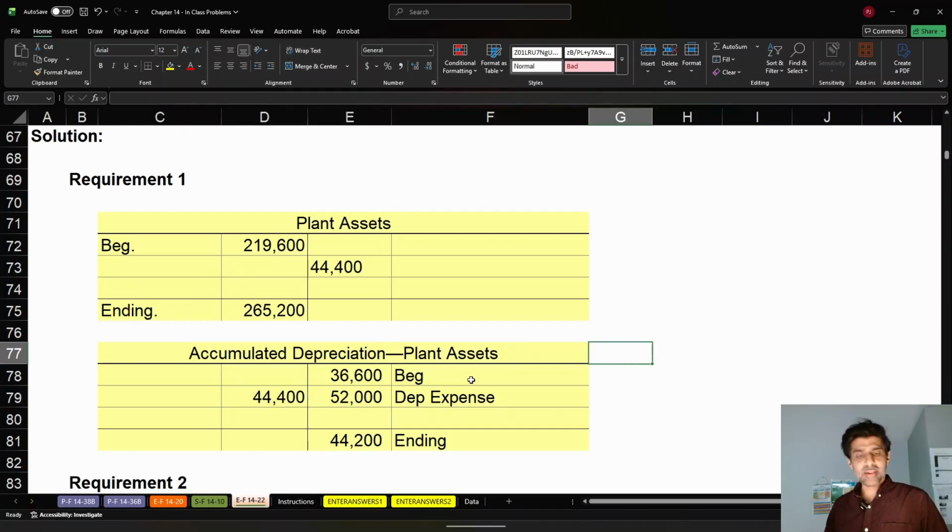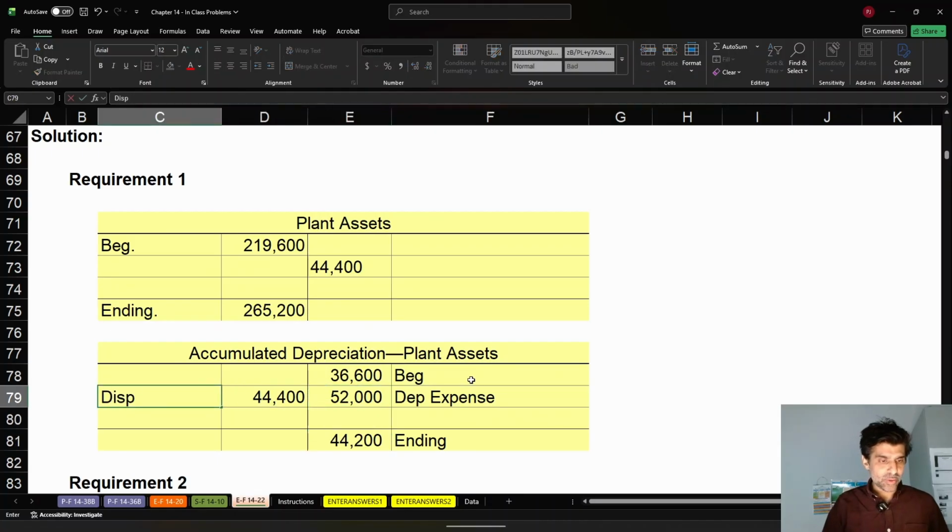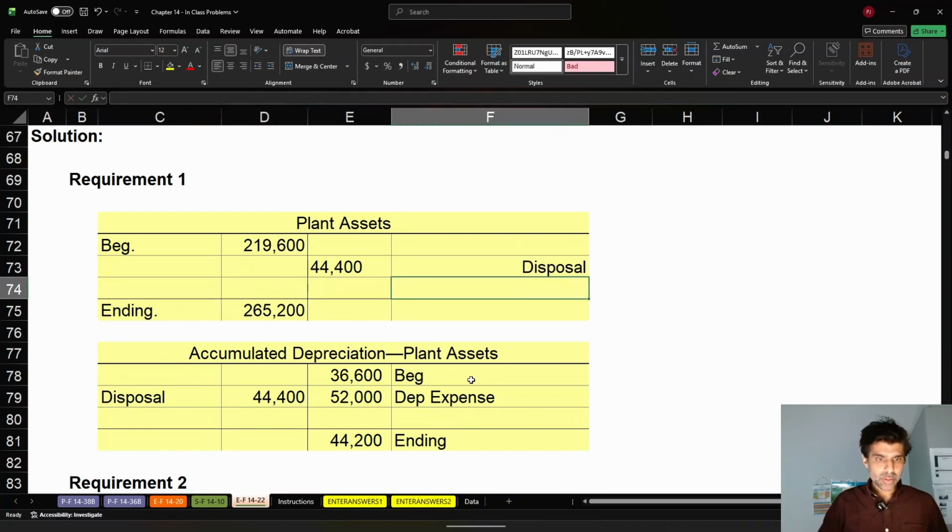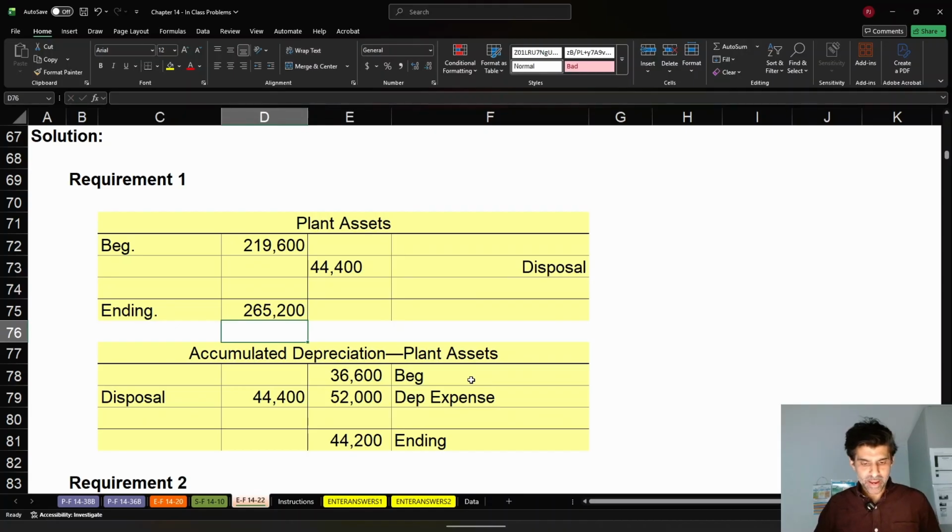It now is reconciling our beginning and ending balance. We have this is related to disposal, and also this is related to disposal. Now, have we reconciled this plant asset? No, we haven't, because right now it's off. There's something missing on the debit side.